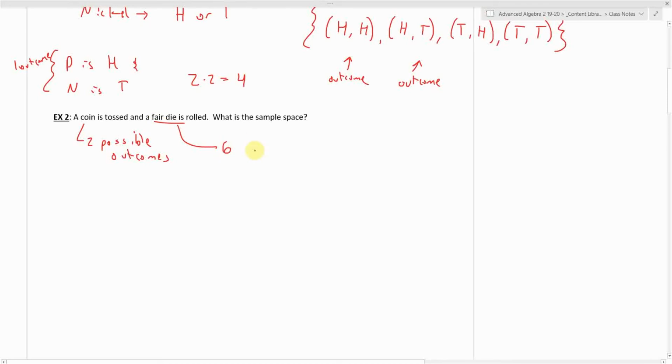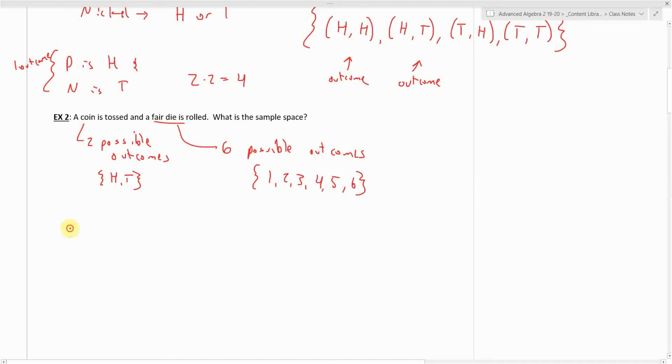So a fair 6-sided die has 6 possible outcomes. It wants to know what the sample space is. So let's note our outcomes. Our possible outcomes for the coin flip are heads and tails. Our possible outcomes for the die are 1, 2, 3, 4, 5, and 6.